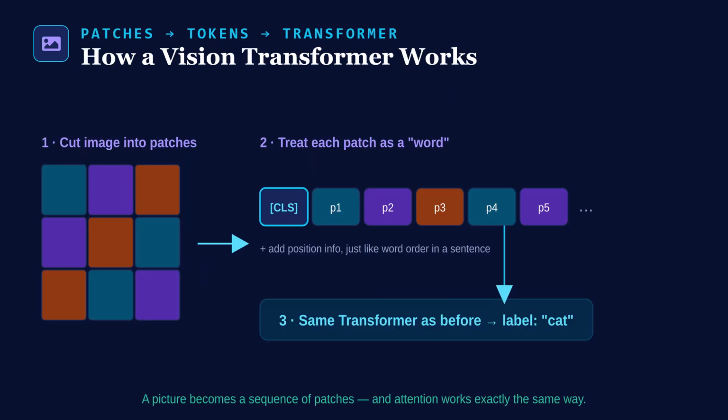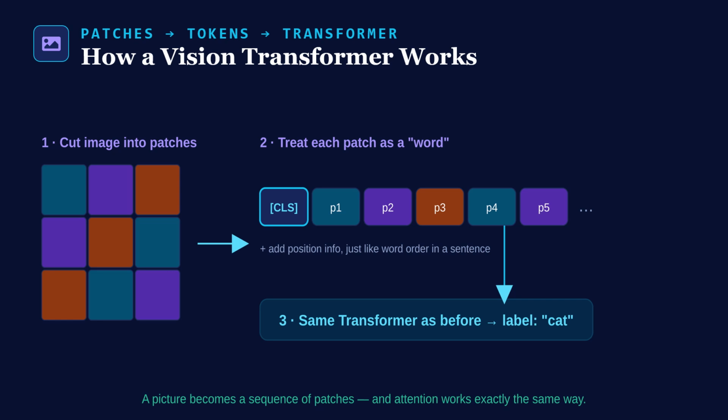Let us walk through it in 3 steps. Step 1. Cut the image into a grid of small patches. Step 2. Treat each patch like a word in a sentence. We line them up, add a little position info so the model knows where each patch sat in the picture, exactly like word order in text.